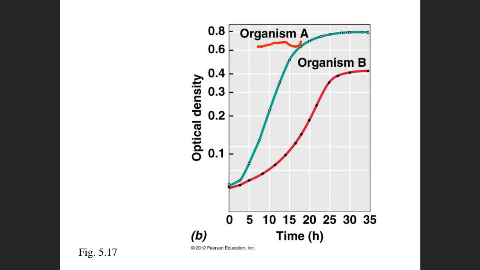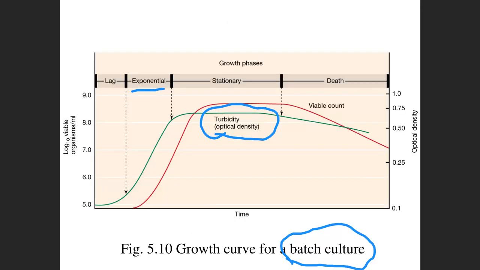The downside is, again, you run into a problem that the dead bacteria maintain the optical density, because the dead bacteria don't lyse immediately. So I'm back into these slides.